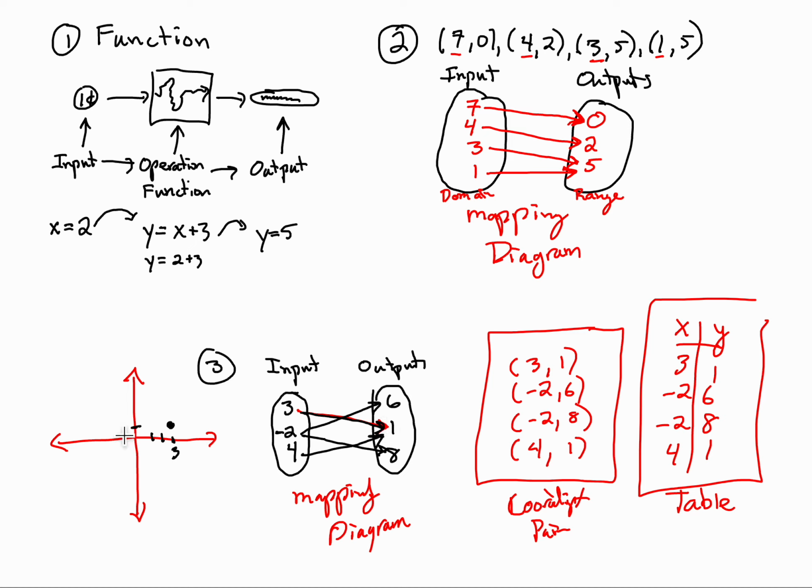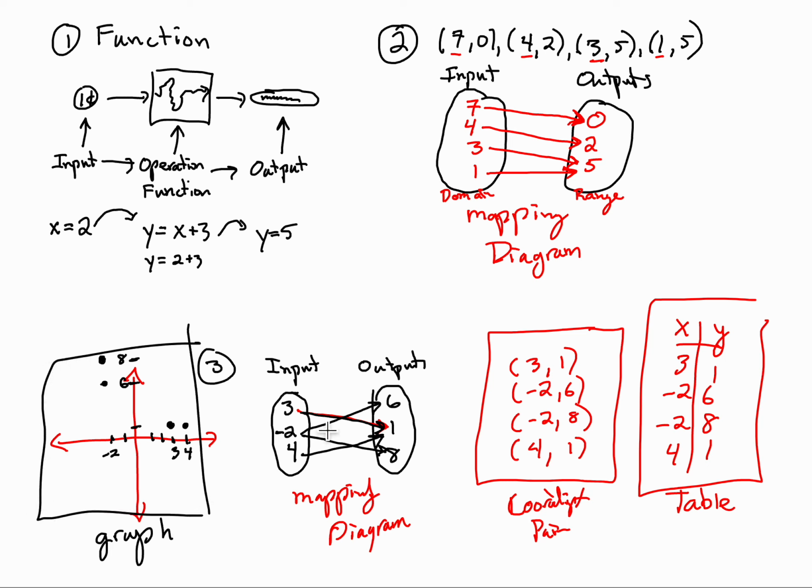Now we have -2, so I'll make -2 here, and -2 maps to 6. So let's put 6 up here. That would be that point there. -2 also maps to 8, so there's another one above that at 8. So (-2, 8) is where that point is mapped from the mapping diagram. And for 4 and 1, over 4, up 1 would map on a graph. So that's changing the different formats of our mapping diagram.